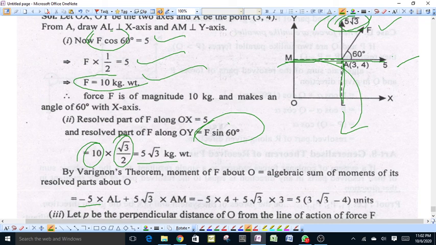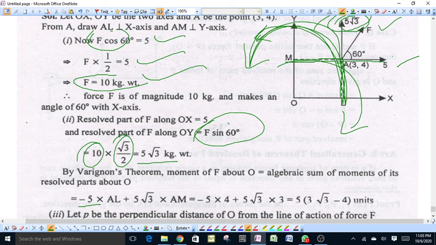and the component of F along the y axis, which is equal to 5√3 kilogram weight, will produce an anti-clockwise moment about O, that will be positive, because we always take the clockwise sense of moment as negative and the anti-clockwise sense of moment as positive.